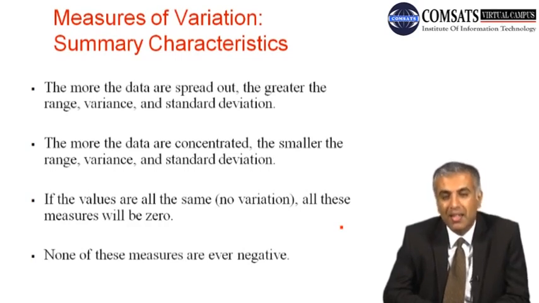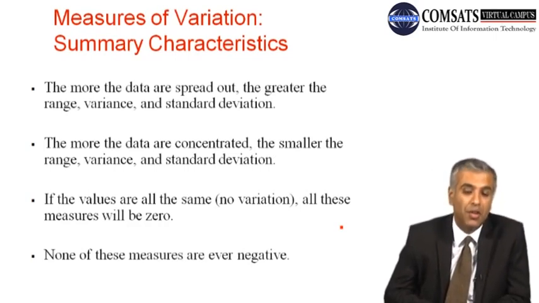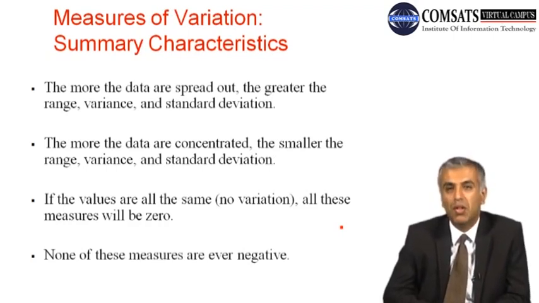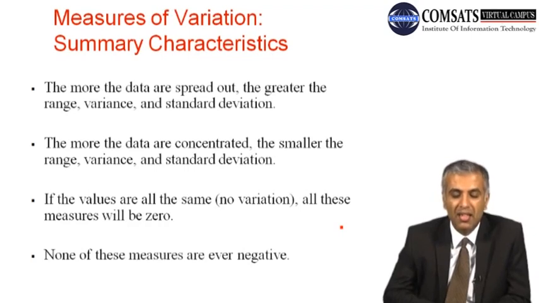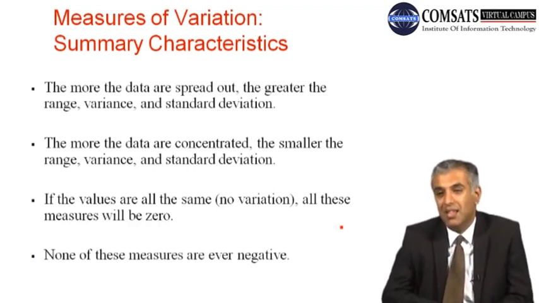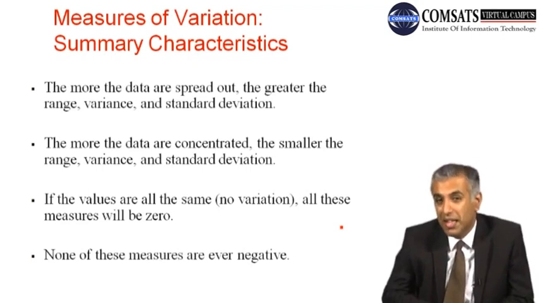Now, hypothetically, if all these values are the same, then there is no variation at all. So all these measures, like range, variance and standard deviation, would be zero, because all these measures try to portray is the dispersion of values from the mean. If these values are the same, there is no variation.